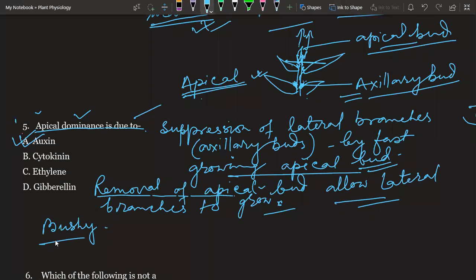By this way, you can make a plant bushy. When you want to maintain a bush or a hedge, this apical bud removal is done. That is decapitation or pruning. This is very much practiced in tea cultivation.